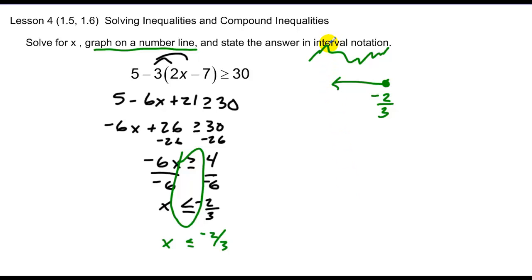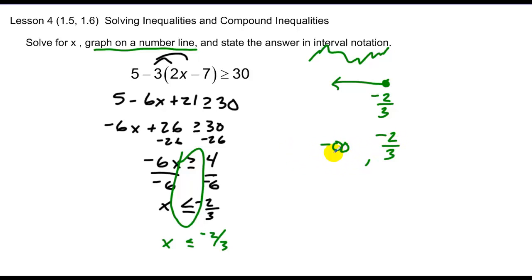For interval notation, we want to say all the numbers less than negative 2/3. So negative 2/3 is our highest term, and it goes all the way down to negative infinity. So you start with your lowest term, move to your highest term.